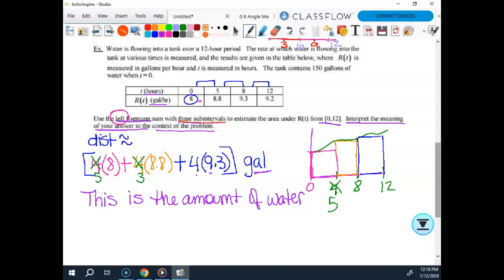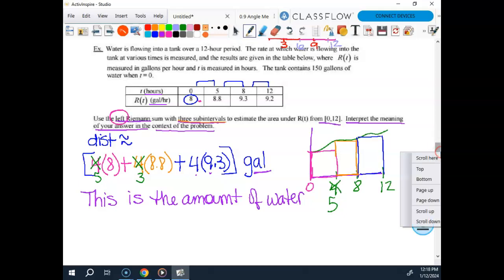So can you tell me from what we have how much water was in the tank at 5 hours in? We don't know that, right? We know the rate, but we don't know how much. So even though the derivative can give us the instantaneous rate of change, this isn't giving me an instantaneous measurement of something. This is an accumulation. It's like I can fill it in. We're accumulating area. It's an accumulation.